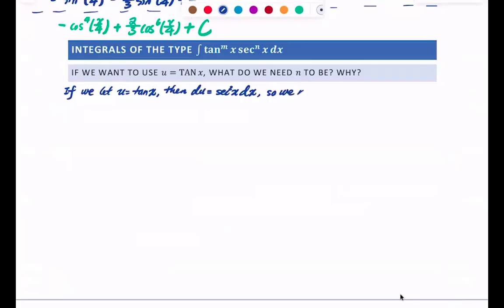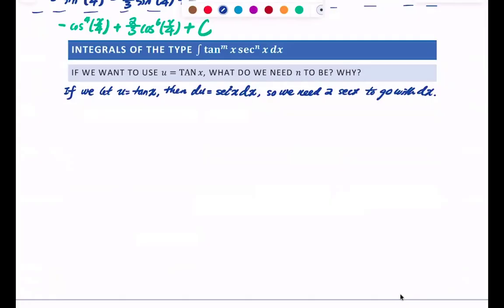So that means we need two secant x to go with dx. Okay, so if you just have one secant, never mind. Tangent sub already doesn't work out. So if you want to do tangent sub, at least you should have two secant to begin with. If you only have one secant there, the tangent sub would not work.